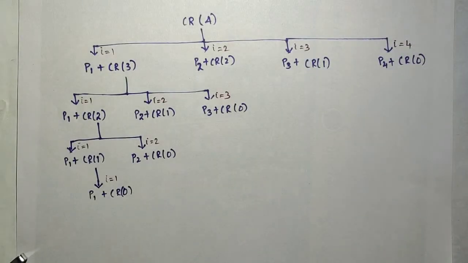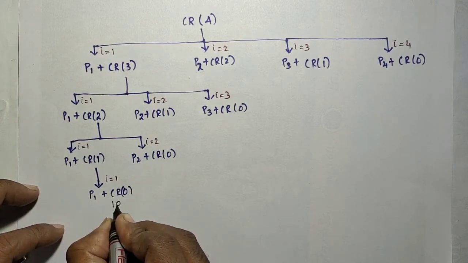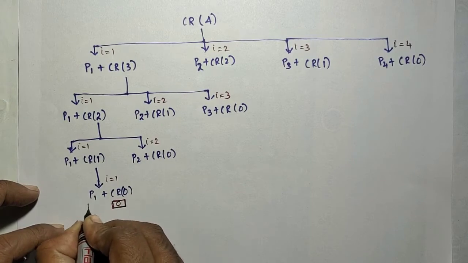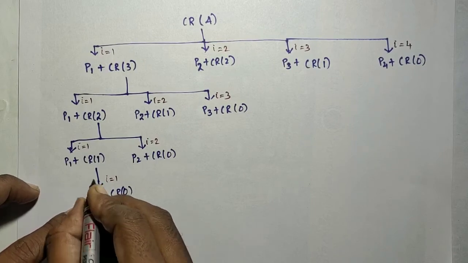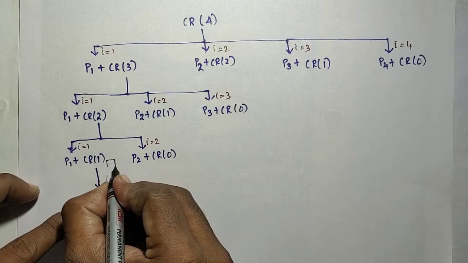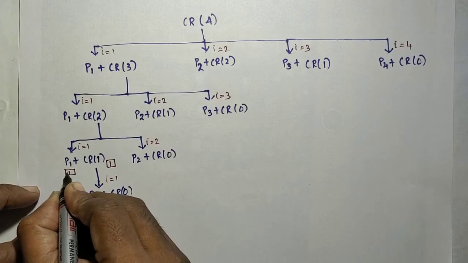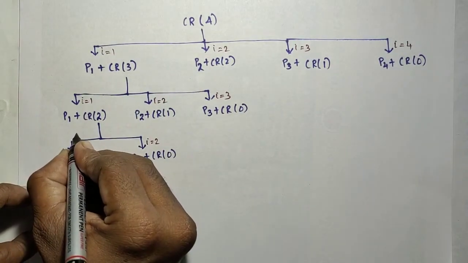So this call will return that 0, and this price is 1. 1 inch rod price is 1, 1 plus 0 is 1, so that will be returned to here. This 1 inch rod price is 1. And here 1 plus 1 is 2. For this combination it is 2.